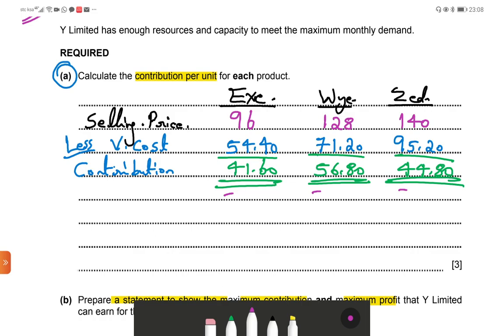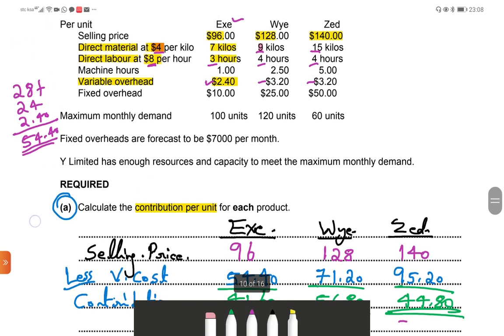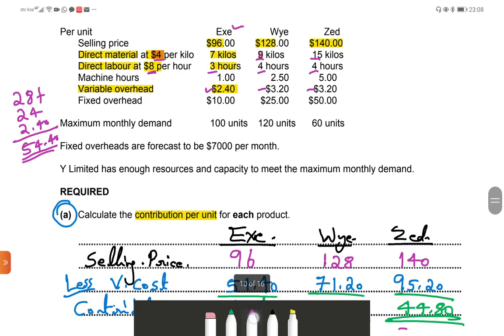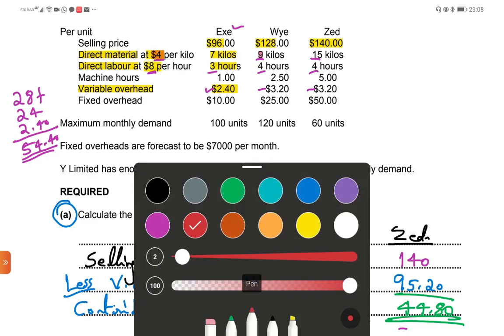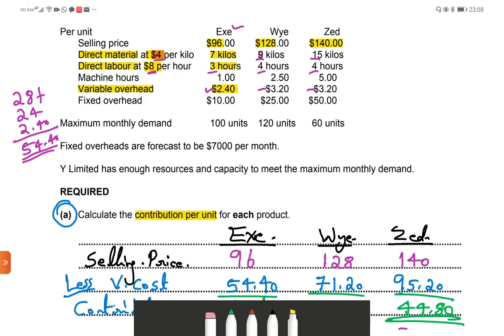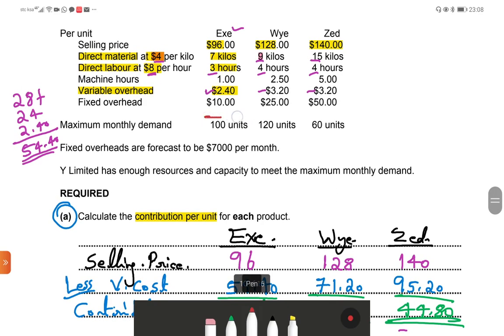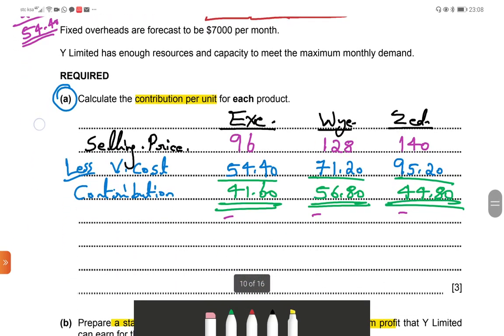Now we have to calculate total contribution. Total contribution is equal to contribution per unit multiply the unit. Here the units are given. Product X 100 units, product Y 120 units, product Z 60 units. That multiply contribution already we calculated.